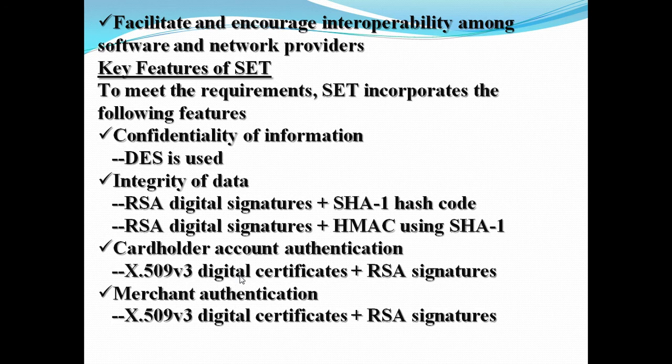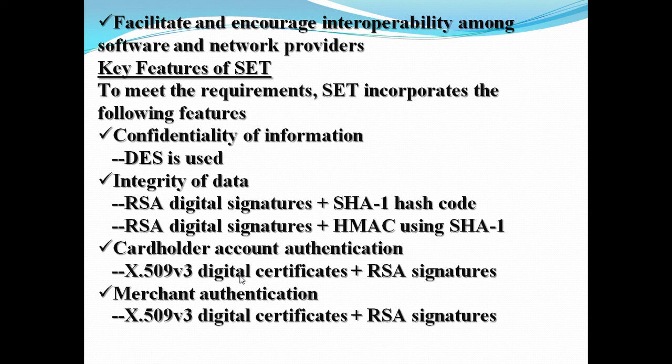What are the key features of SET? Key features to meet the requirements: SET incorporates the following features. Confidentiality of information uses the DES algorithm. For integrity of the data, RSA plus SHA combination, or RSA digital signature with HMAC using SHA-1.